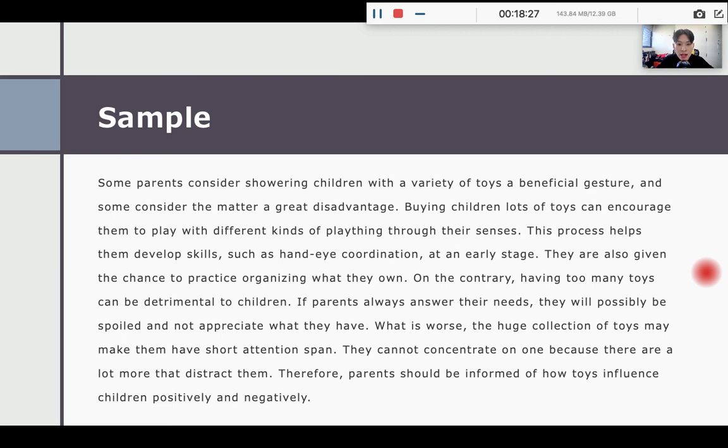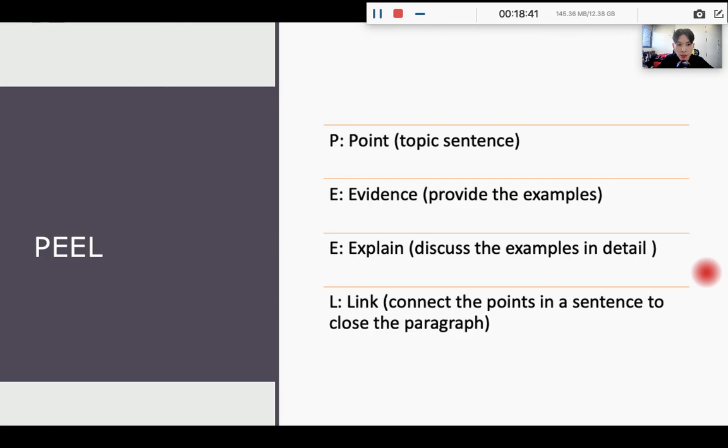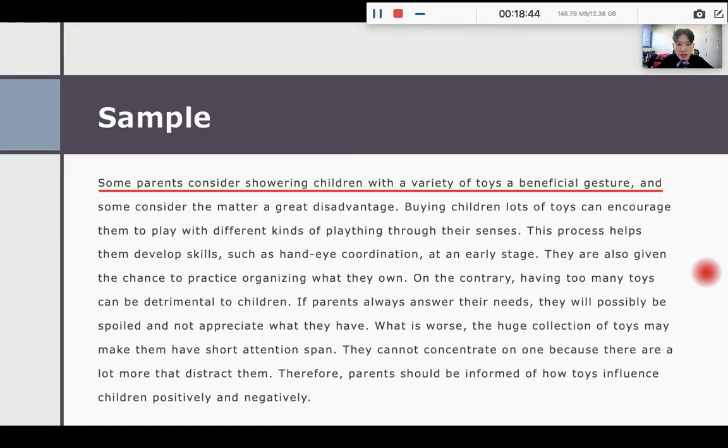Now let's unpack this sample paragraph. The first thing you should identify is the topic sentence. And the topic sentence is usually in the beginning of a paragraph. So here, the topic sentence is, of course, the first sentence.